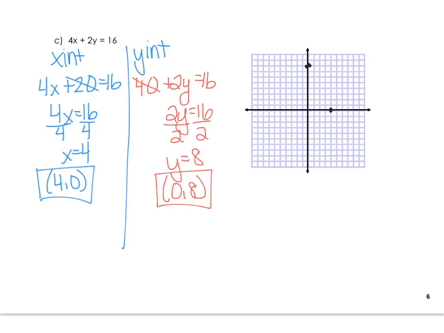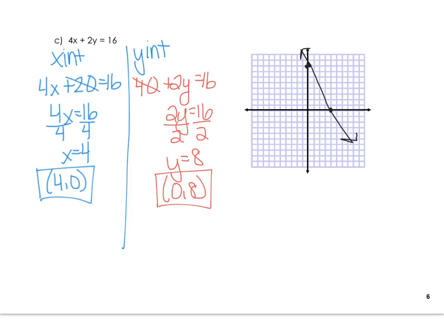Graphing that one. Again, we don't move left or right. We don't have to walk at all. We automatically fly up 8 and put that point. And again, connect them with a line.